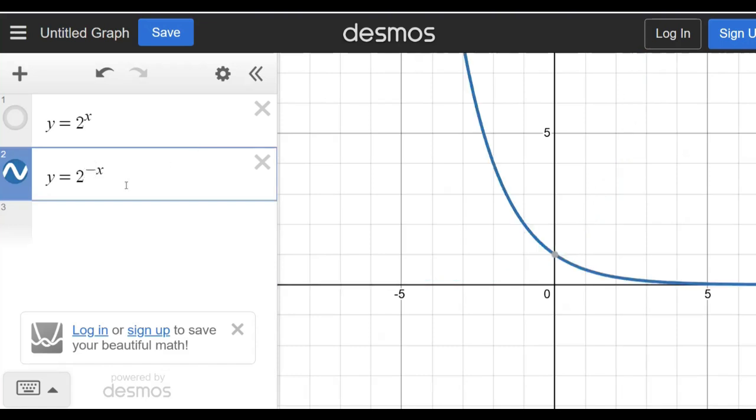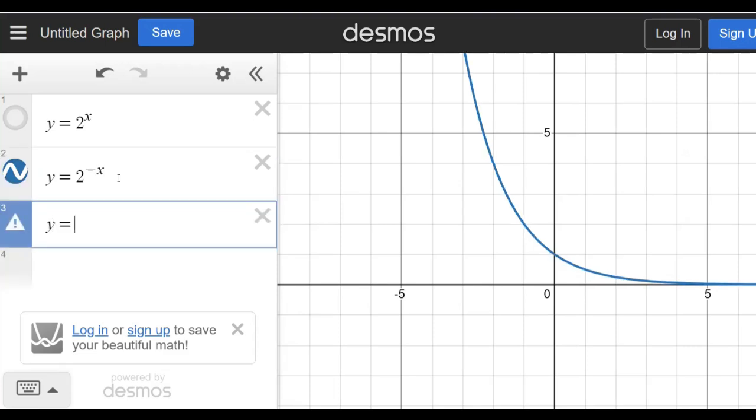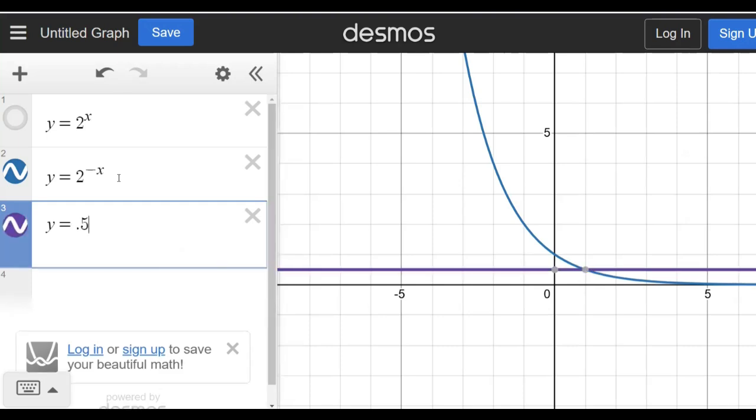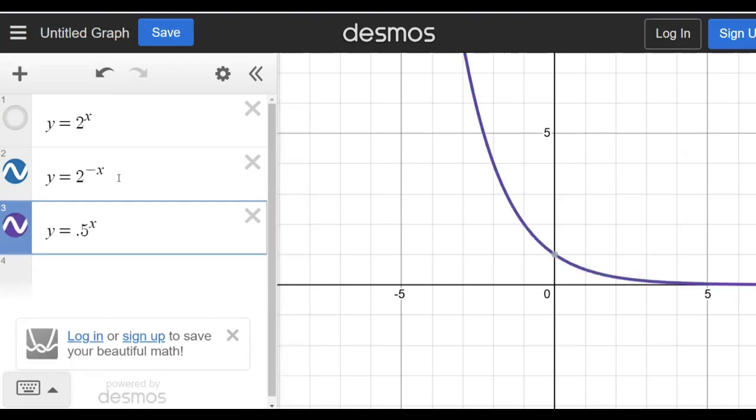So it just turned that function around. And now here's the interesting thing. This is the same as 1/2 to the x, as 2 to the negative x is 1 over 2 to the x. So we can add that function in there and you'll see that it's the same. So I'm just putting in y equals 0.5 to the x. And you can see that that purple line is right on top of the blue line.